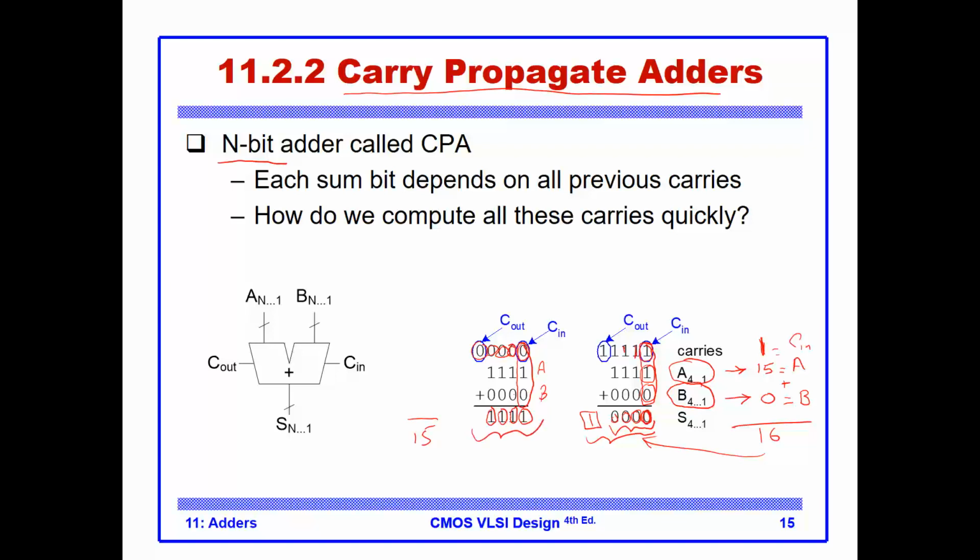Now the interesting part here is that if I look at this problem in terms of inputs and outputs, the adder has an n-bit input A, an n-bit input B, a 1-bit carry in, and the output is an n-bit sum.